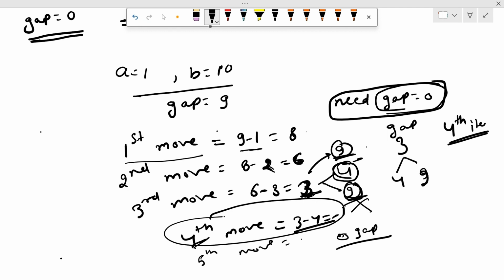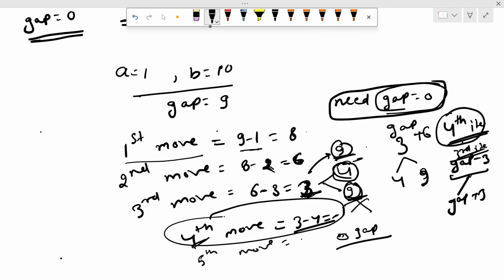In the third iteration, we reduced our gap by 3, and if we increase it by 3, our total overall gap is increased by 6, because we can do gap plus 3 in the third iteration.